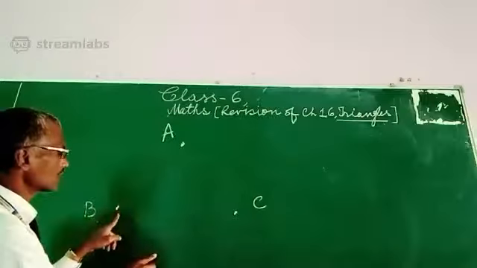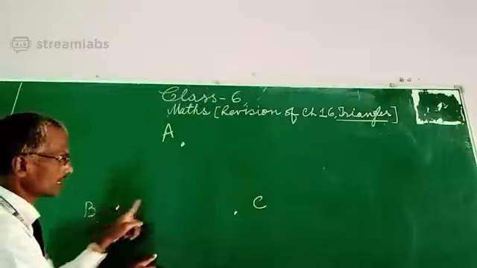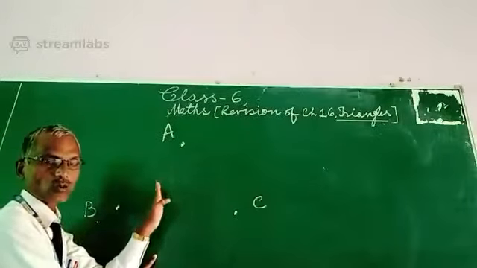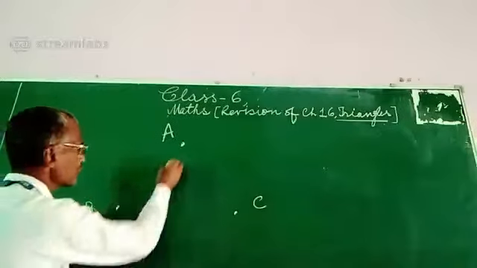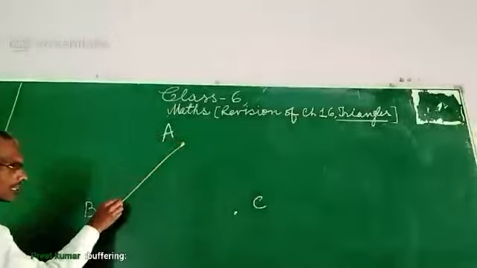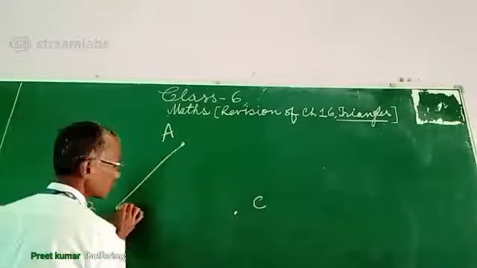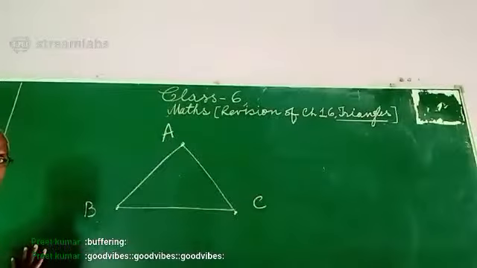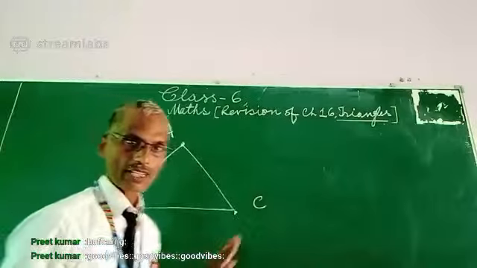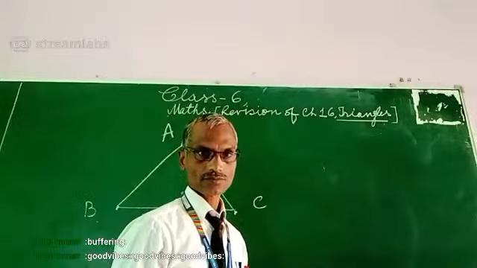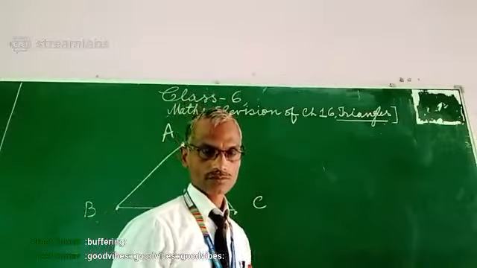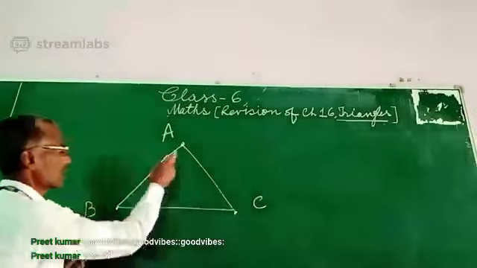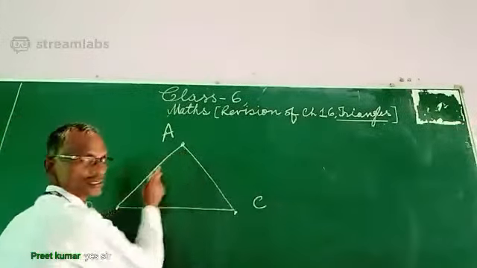If we join A to B, B to C and C to A, then we get a figure. And this figure is called a triangle.